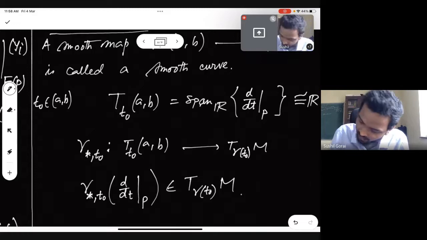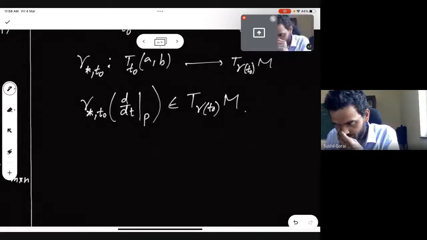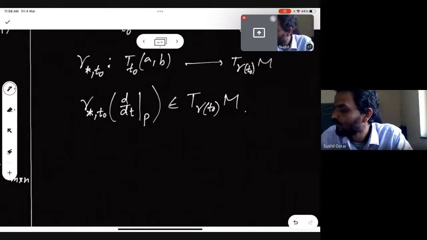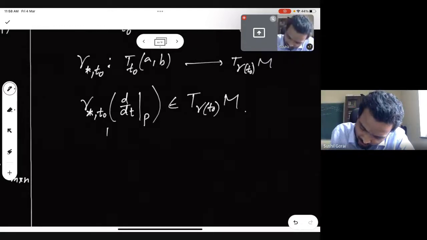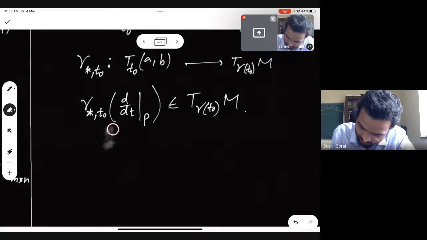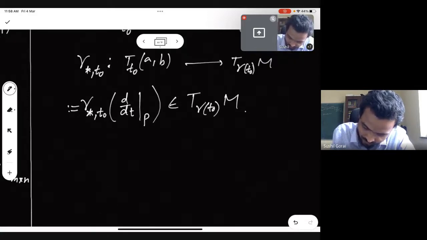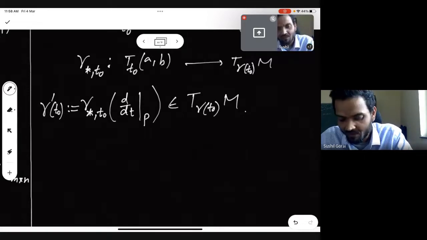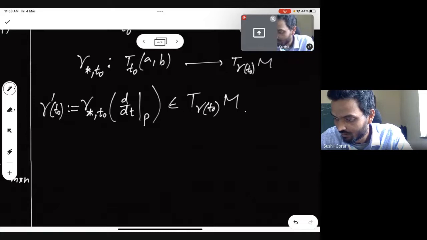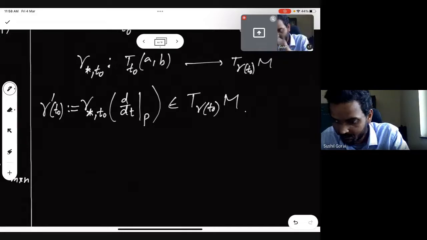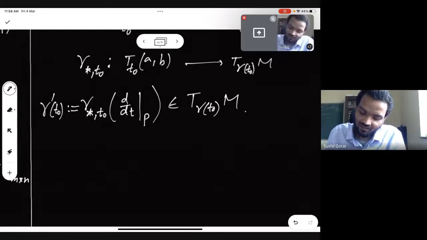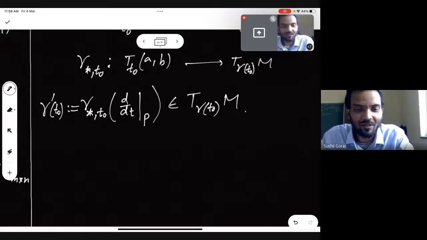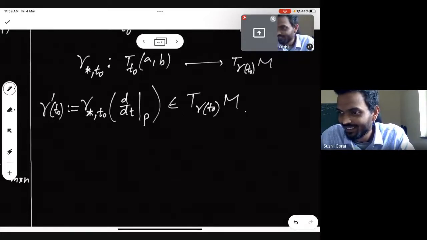We'll precisely say what it is, but before that, let us define this quantity to be gamma prime t naught. This is a vector, which one can also think of as d gamma by dt at t naught. Now, you have seen that calculus derivative, right?